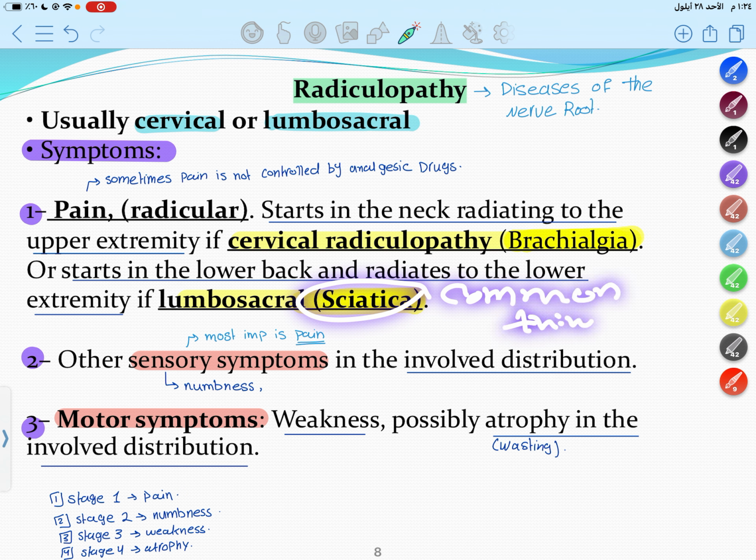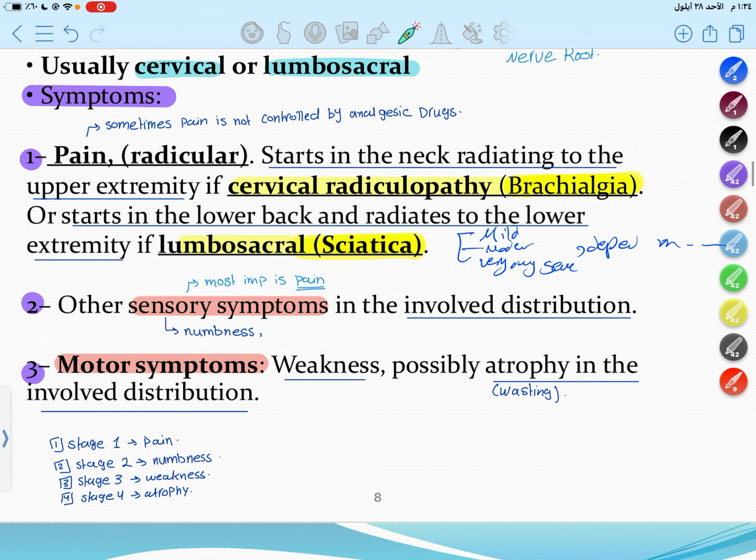That pain, sometimes severe. It depends on the degree of the root involvement, the degree of root disease. Sometimes mild, sometimes moderate, but sometimes it's very, very severe pain. And usually, the sensory symptoms are related to the involved distribution.